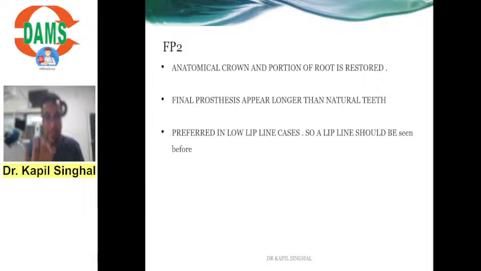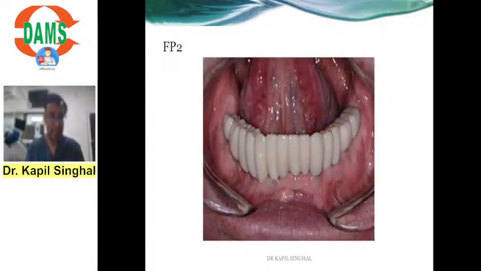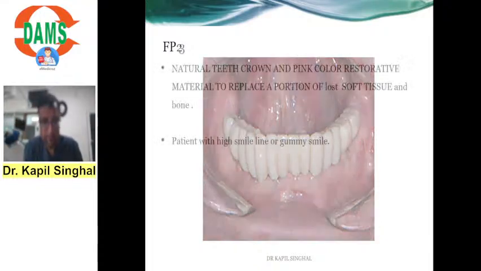Because if the patient is smiling and the gums are visible, the crowns, if they are longer, would not look aesthetically good. So FP2 kind of prostheses are not given in patients with high smile line. They are preferred in patients with low smile line. So this is the second question they can ask as an MCQ. So this is an example of FP2 kind of prosthesis.